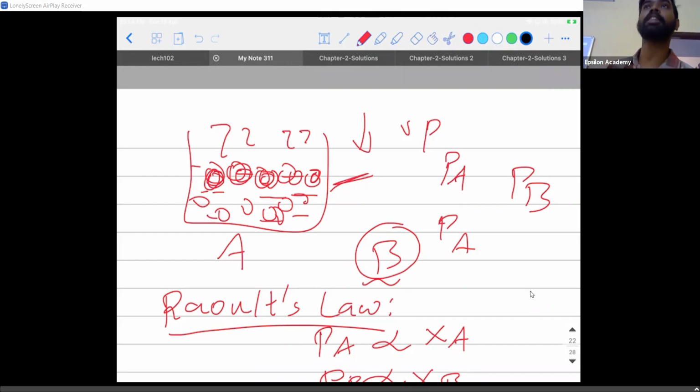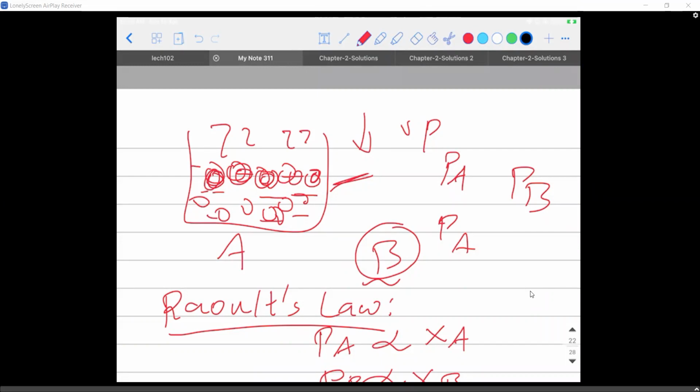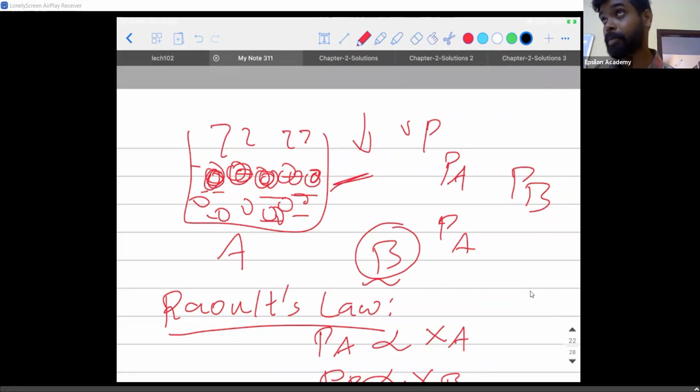Obviously, it will change. Increase or decrease? Decrease. Okay, why? This is not how you explain. How did we explain? Obviously, there is a decrease in vapor pressure.